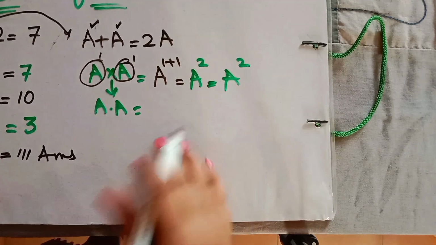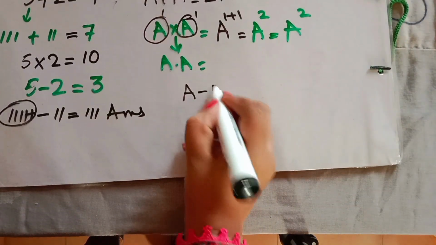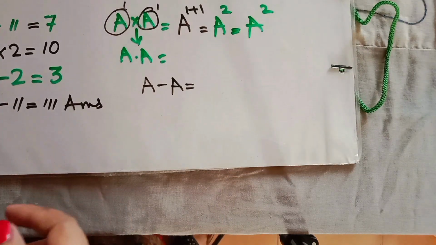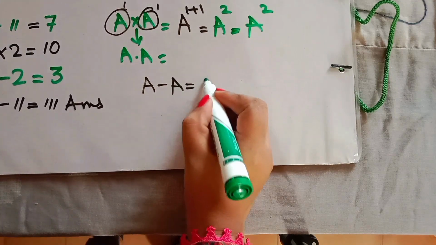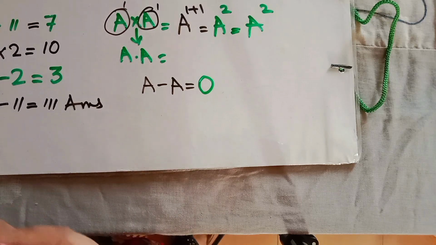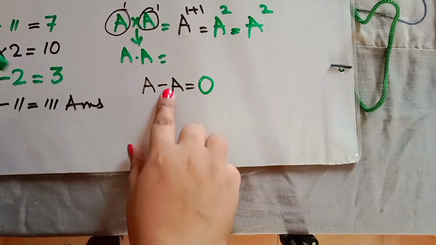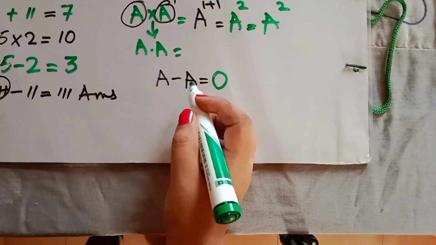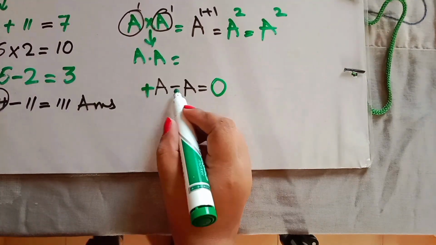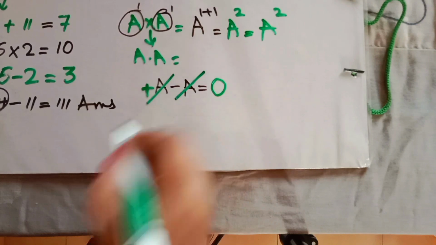Same as a minus a, we obtain the result 0. Because it's the rule of mathematics, plus and minus cancel each other. It is a plus a and it is a minus a, so both will be cancelled.